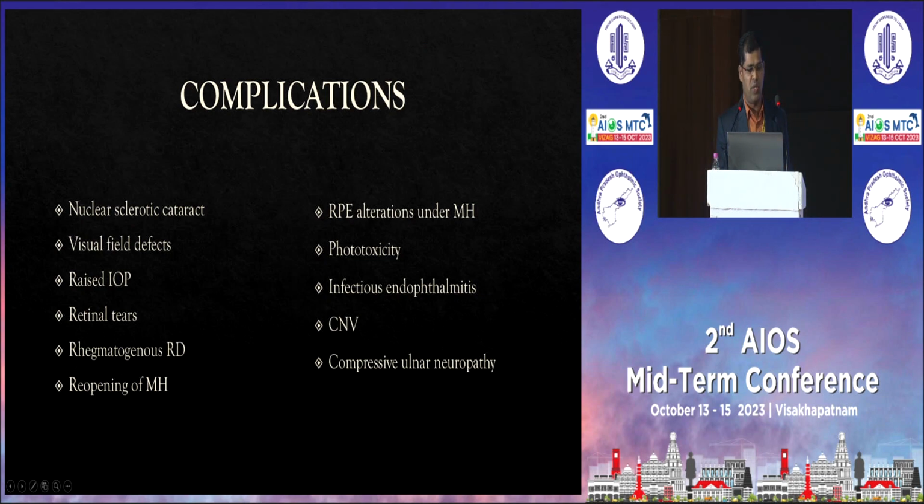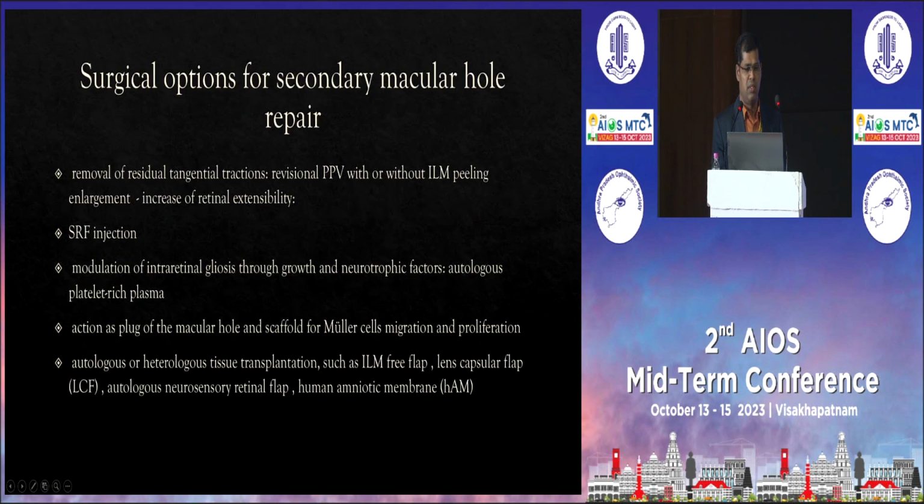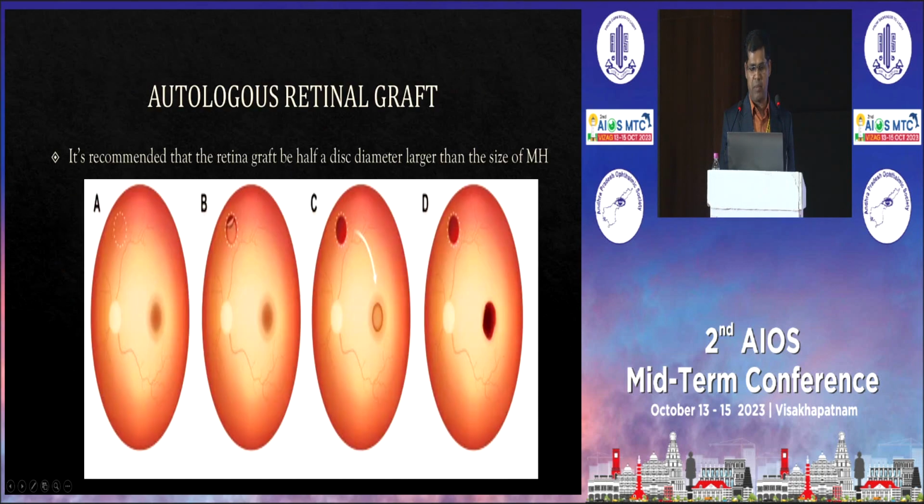If the gas is more, like other retinal surgeries, we can see retinal tears, rhegmatogenous detachments and so on. There are other surgical options where recurrent macular holes are there: either we can put an autologous serum or lens capsular flap or autologous retinal transplant or human amniotic membrane.